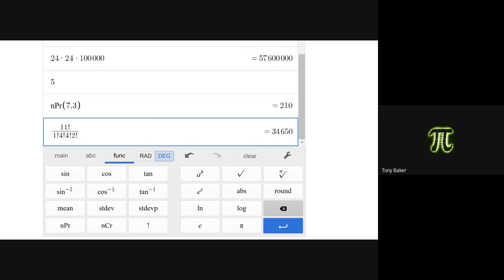There are ways to do it. And if I really wanted to teach you how to do the factorial and everything else out, I could and you could do it, but you're never going to do it after this class. So there's no point in me going through and teaching you how to do out factorials by hand. So I got 34,650. And basically what that does is it allows me to choose basically all of them without having to make any difference.